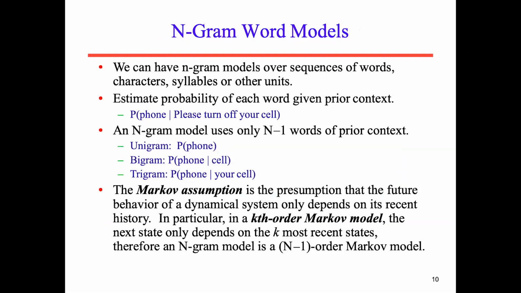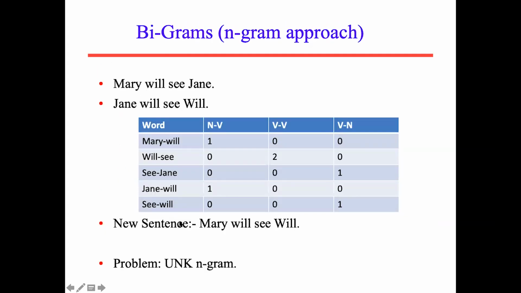N-gram models can be over sequences of words, characters, syllables, or any other units that you want to build these on. And a lot of times, for extremely high accuracies, people build n-gram models, which are bigram models sometimes, over 2 letters. So if I go back to the slide, Mary, in this case, if you have a lot of training data, MA and RY will become bigrams.